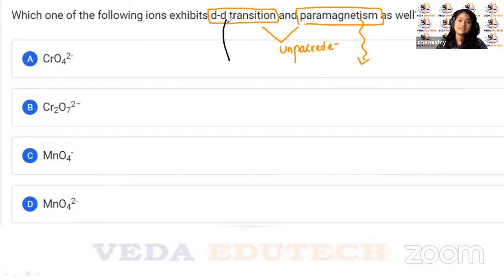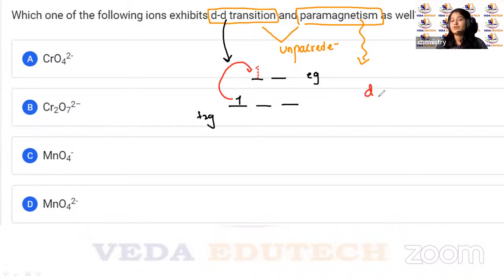Okay. d-d transition means what, children? Suppose we have T2G and EG above, right? So if one electron is jumping from T2G to EG, that is going to be called a d-d transition. And because of d-d transition, we see colors. How?